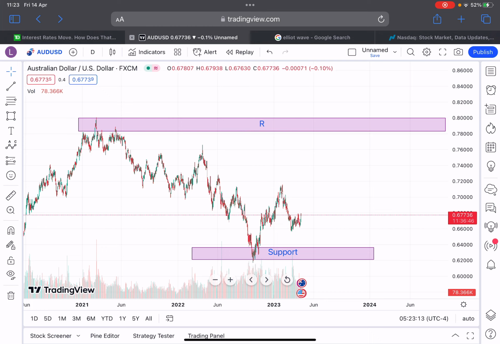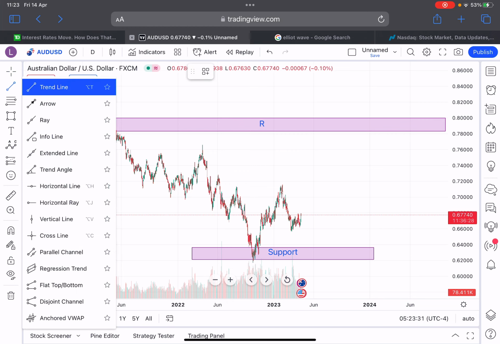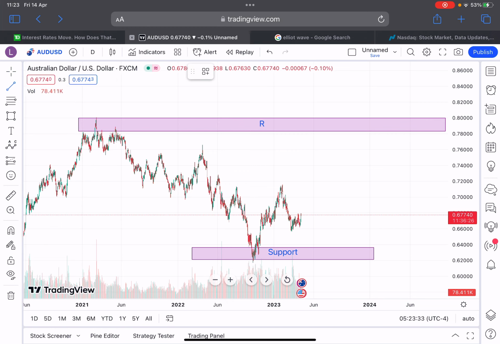So here, if we have something like this, the next step that we have to take is to create a channel. To create a channel, you have to have your touch 1 and touch 2. You can have your touch 3, but we'll go there after we are done with this. So this is what I'm talking about.